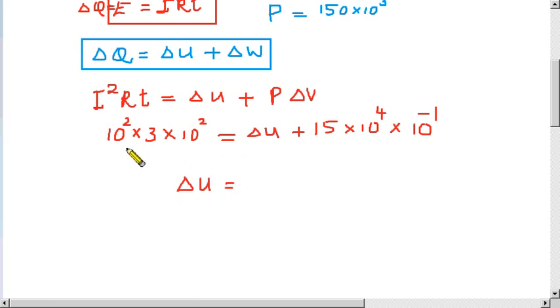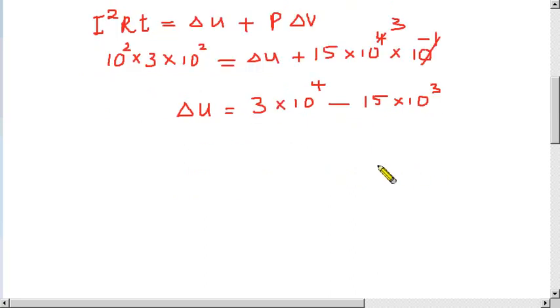So what is the value? 10 power 2 times 10 power 2 times 3 times 10 power 2 gives 3 times 10 power 4 ... we take this to the left side, so minus, then we can write this as 30 times 10 power 3 minus 15 times 10 power 3. So the answer is 15 times 10 power 3.